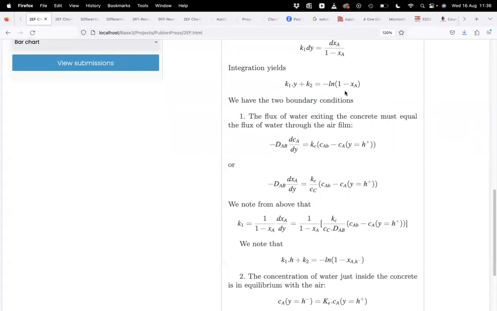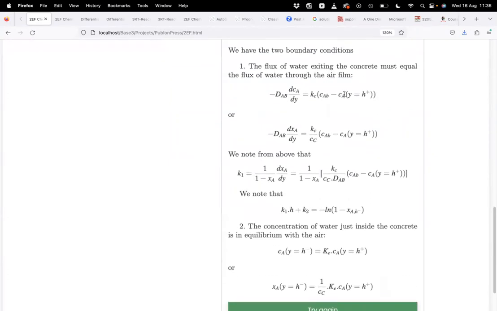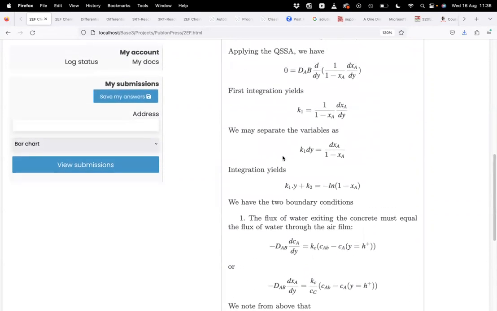So what we can look at doing is applying, let's say, this boundary condition first. When we integrated our material balance, we got this form.